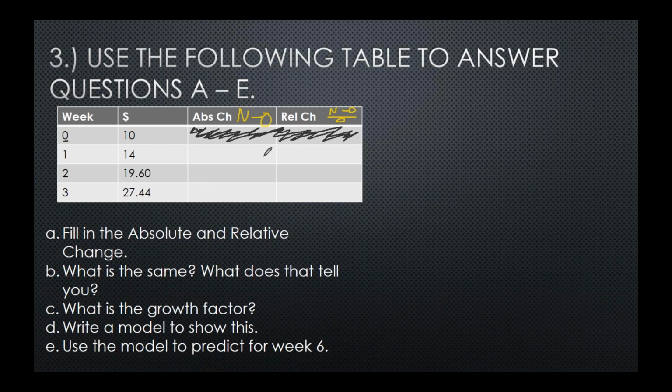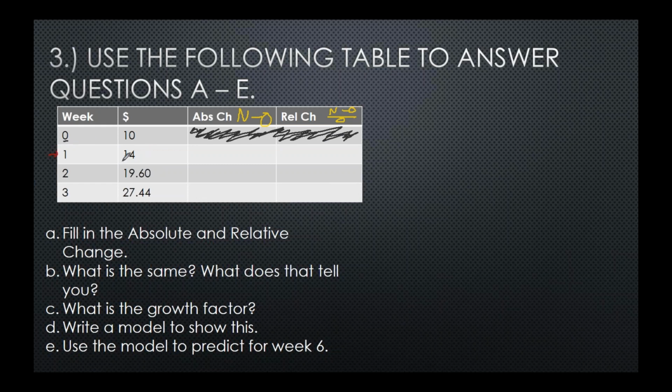So we're going to do week 1 together just to refresh, because it might have been a while since you remember doing these. But if I'm doing week 1, what would be considered my new value in week 1? Any idea on the new one?